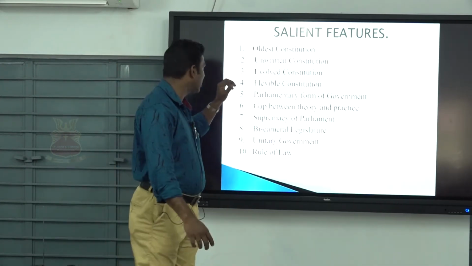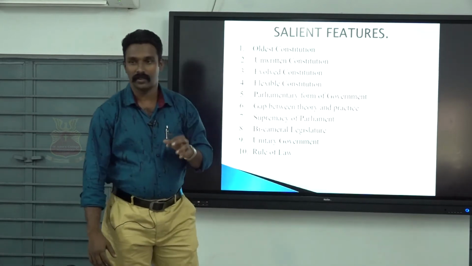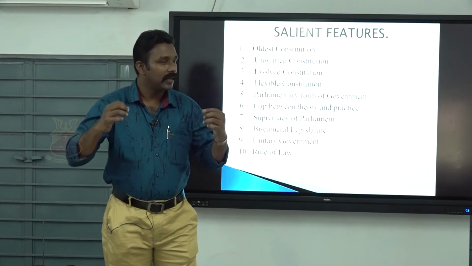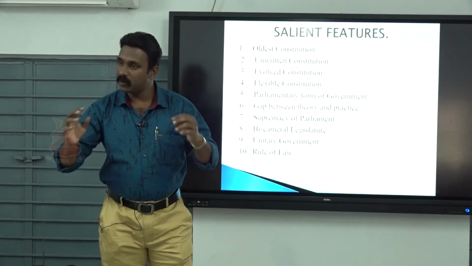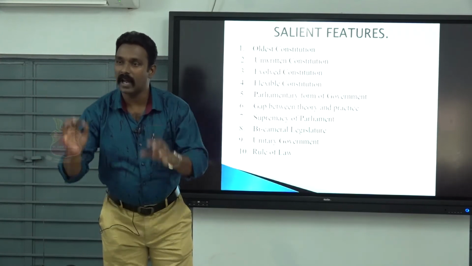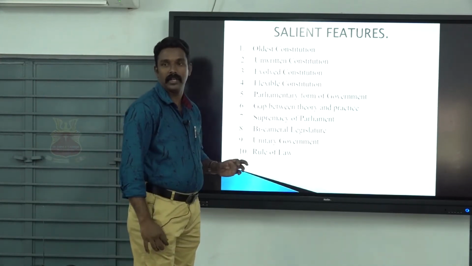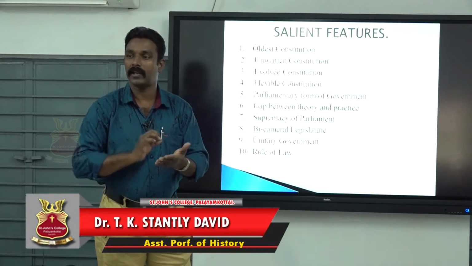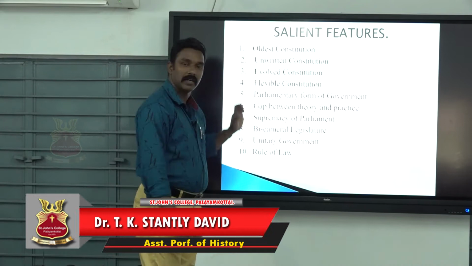Second is unwritten constitution. Matters such as the bill of rights, human rights and reform acts were not written; any matter was clarified and settled under the unwritten constitution.